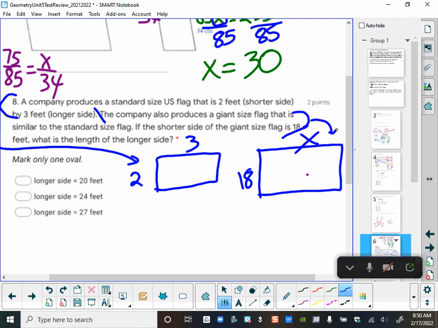Set this one up. So let's figure out how we can. 18 over 2. Okay. X over 3. You can do it that way. That's one way.